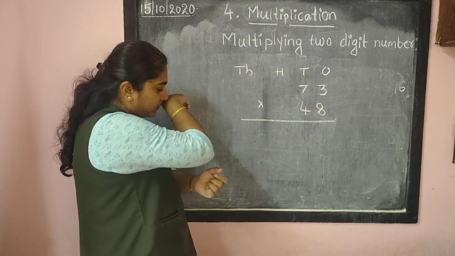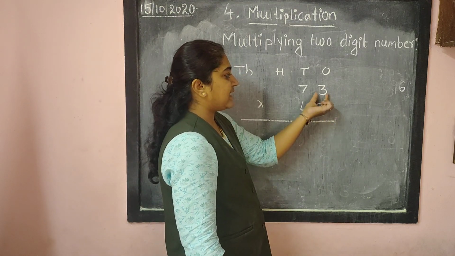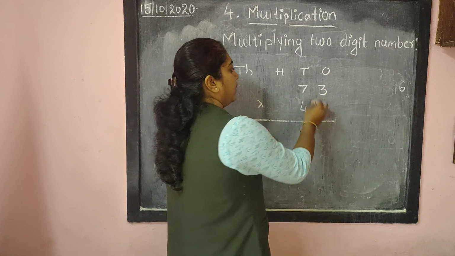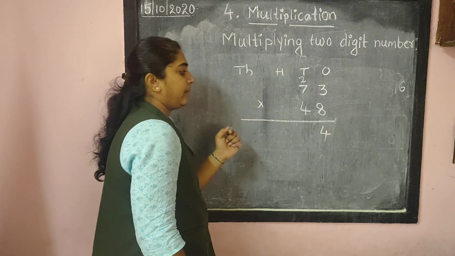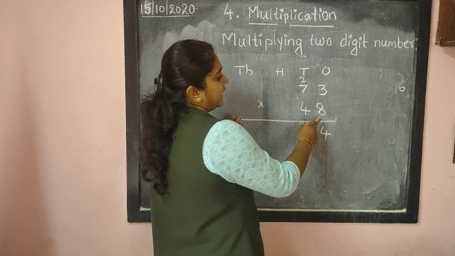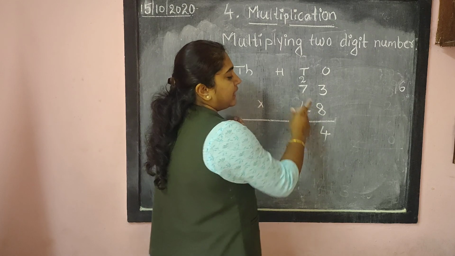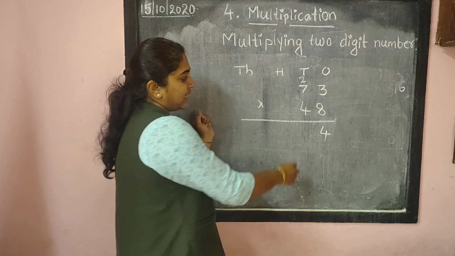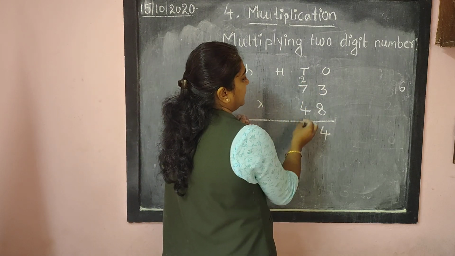Okay. From where do we have to start now? 8 3s are 24. 2 is carry, 4 right over here. And the next is 8 7s are 56. 56 plus 2, 58.